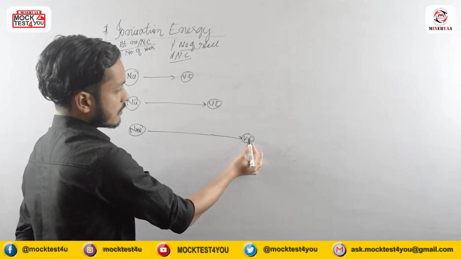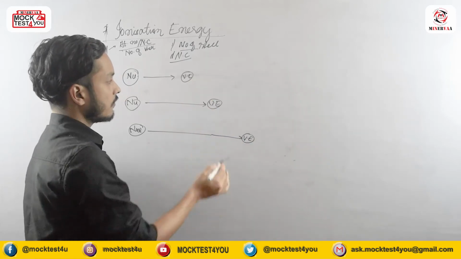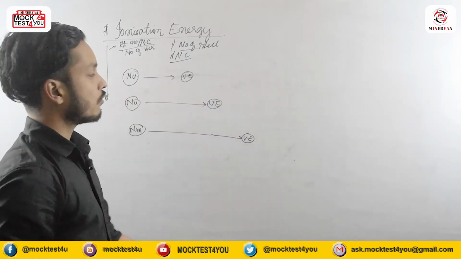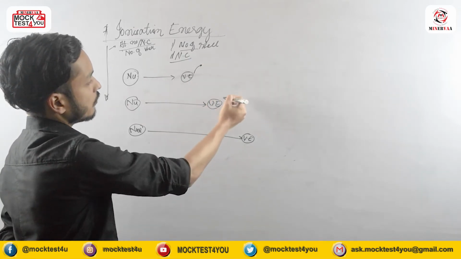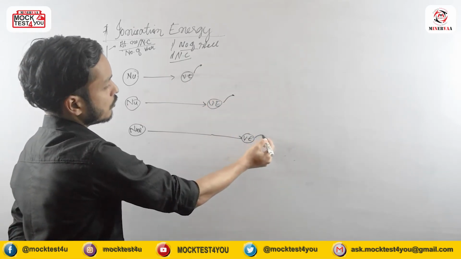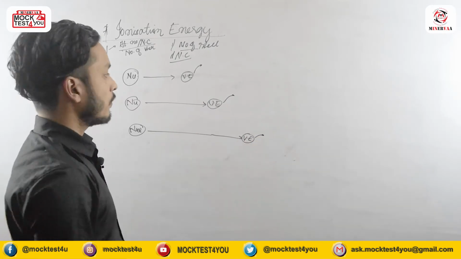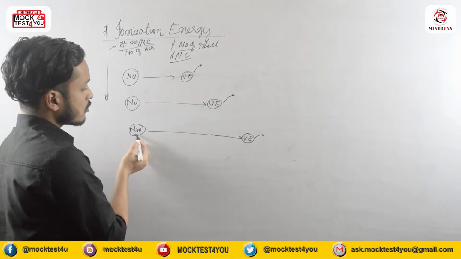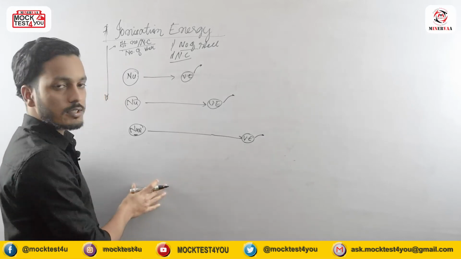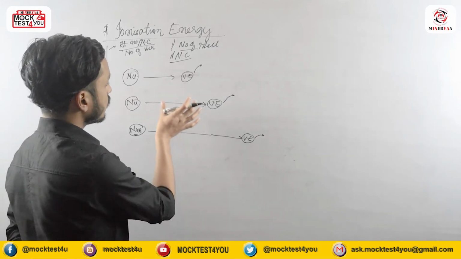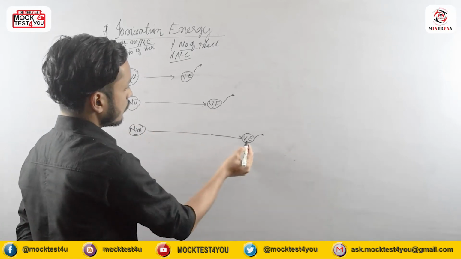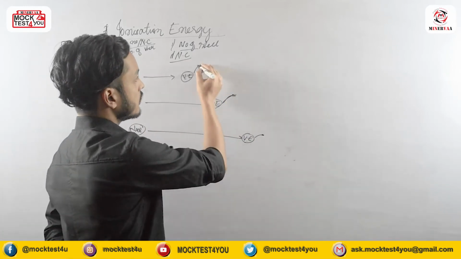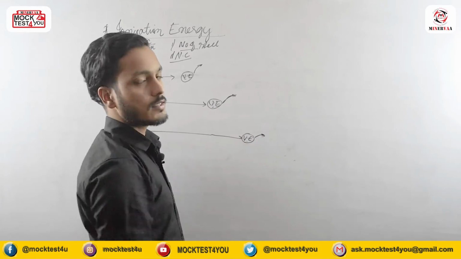So if the distance is increasing, then what will happen? It will require less energy to remove an electron from here, right? Because the attraction force between this nucleus and the valence electron is less, right? Since the attraction force is decreasing, it will require a very small amount of energy to remove an electron from the valence shell, right?